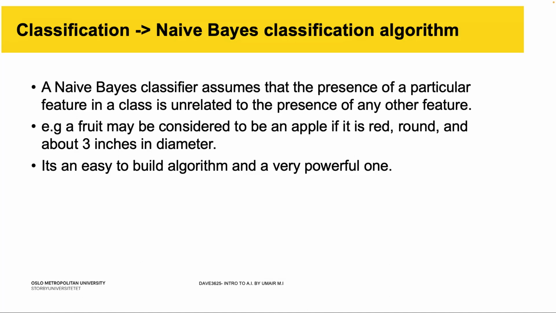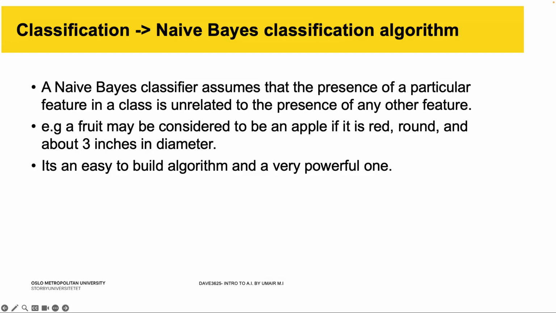So if you have these kinds of things happening, then you probably have to assume you have more features coming in, and you don't want the features to be correlated with each other. Then you will be using a naive Bayes algorithm.